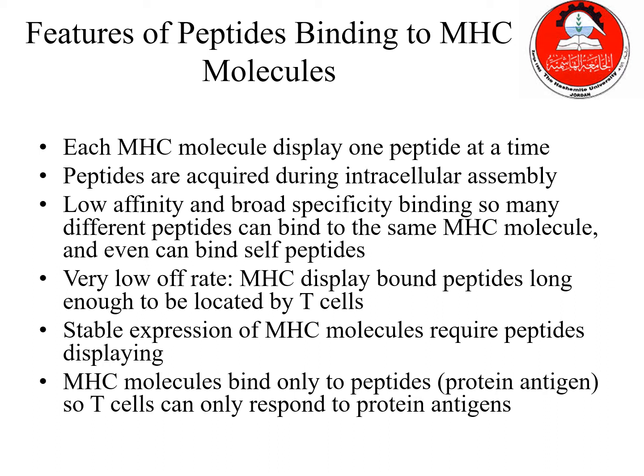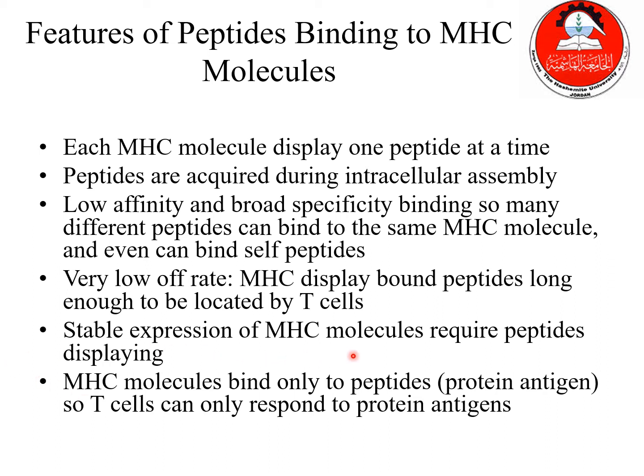Very low off rate means that once the antigen binds, it is going to stay for a long period of time, enough for the T cell to see it, recognize it, and start to elicit an immune response against it. So once it binds, it is not easy for it to dissociate; it stays for a good period in order to be recognized by the T cells.